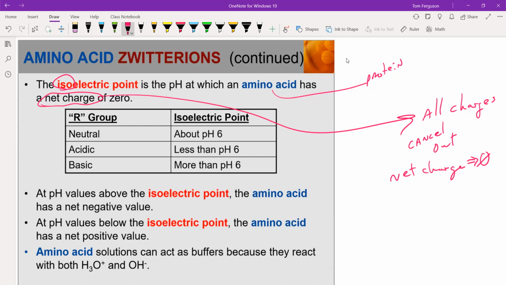Now, if you think about a protein like milk, the protein in milk is casein, and its isoelectric point is around 4. Let's look at casein here.